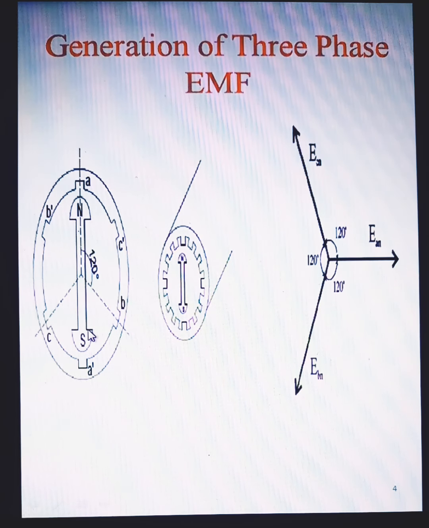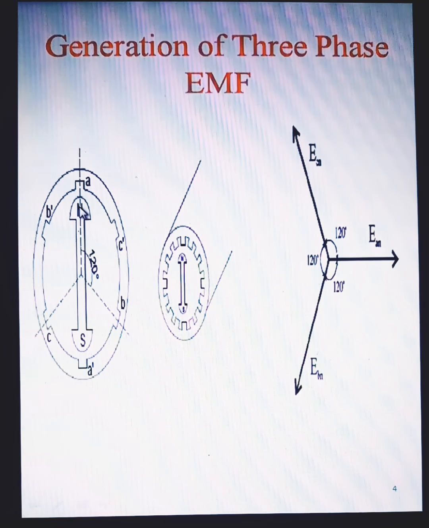When this rotor rotates with an angular velocity omega radians per second, magnetic flux is produced in this rotor, and that magnetic lines of flux is cut by this stationary stator conductors.